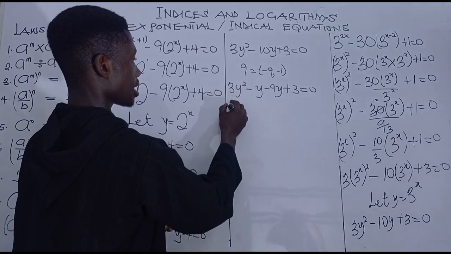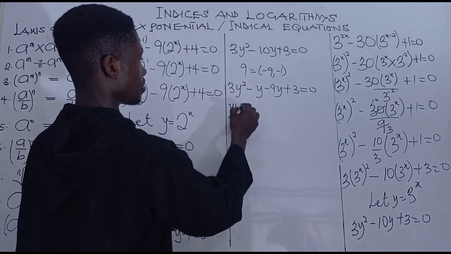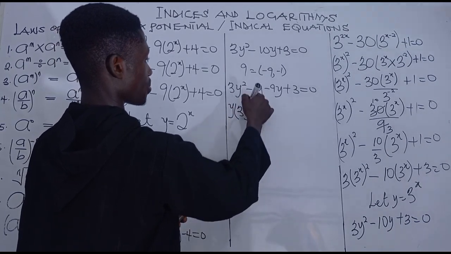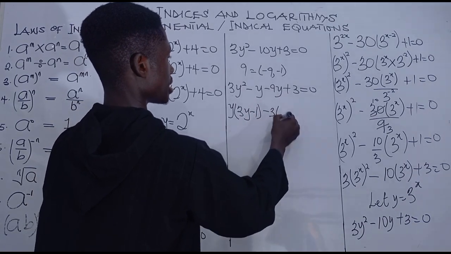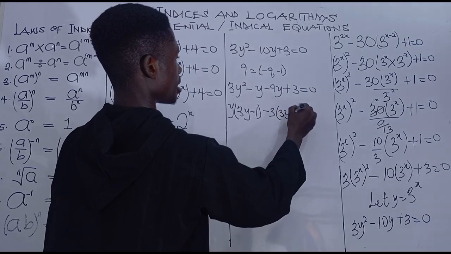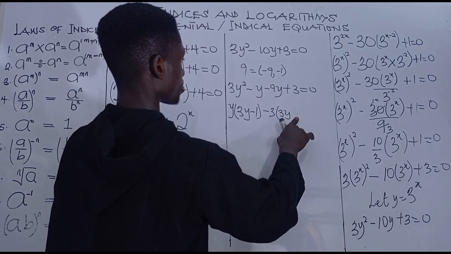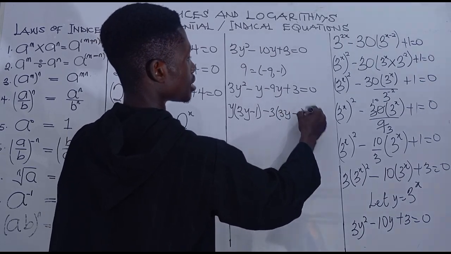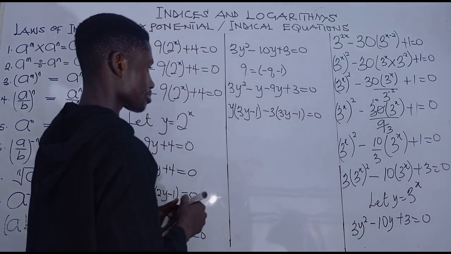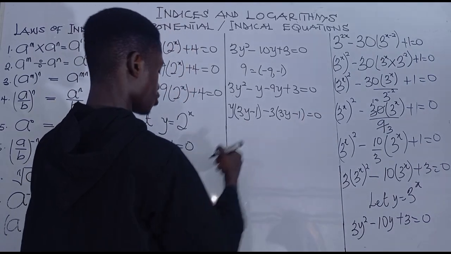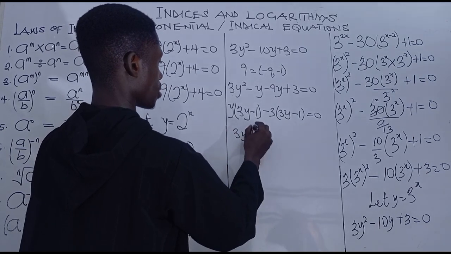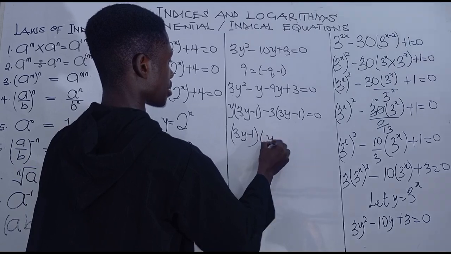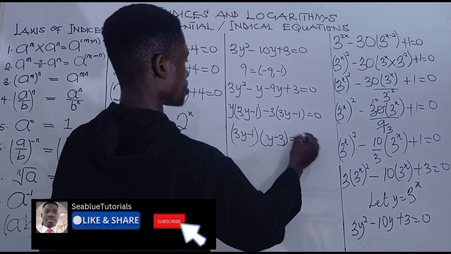So let's do some factorization here. We have y. We can factorize y out. We are left with 3y minus 1. We have minus 3, and then we have 3y minus 1 is equal to 0. Since those within the two brackets are the same, we can pick one of the brackets, 3y minus 1, and then we pick those outside the bracket and put them also in the bracket.